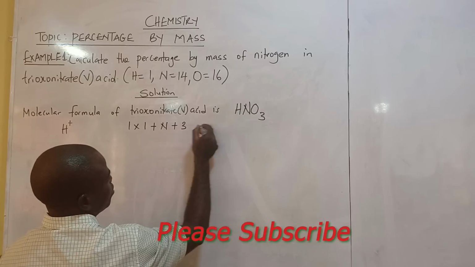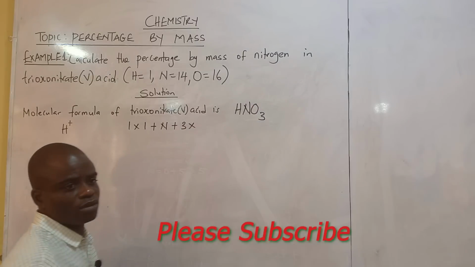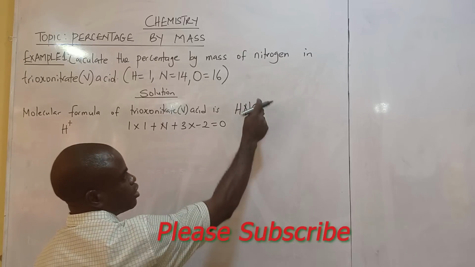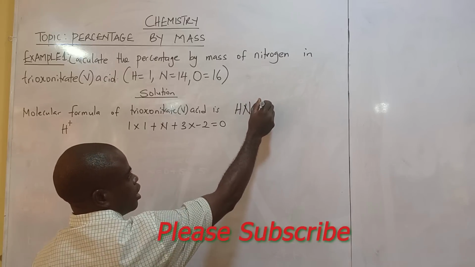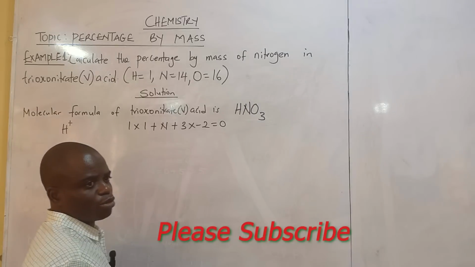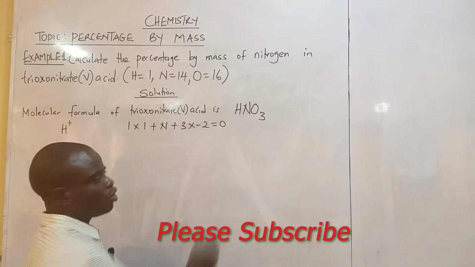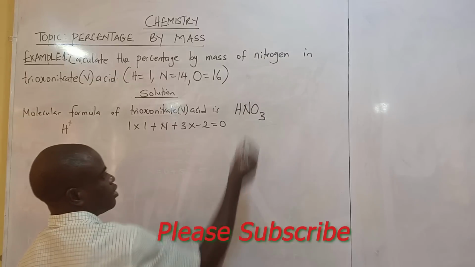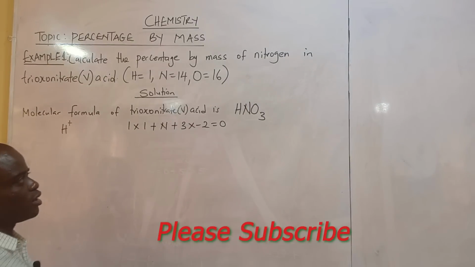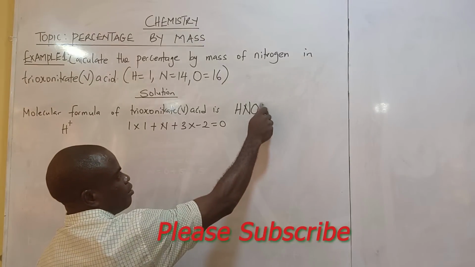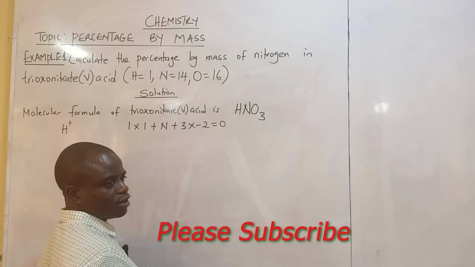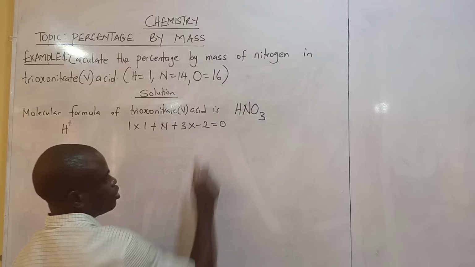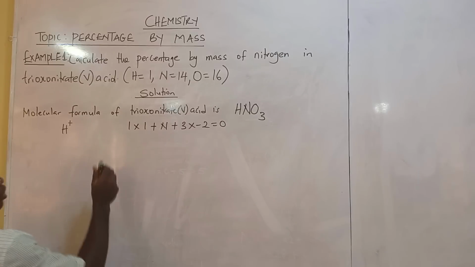Plus 3 times the anion on the oxygen, which is minus 2, equals 0. Whatever power you see at the top, you put it there. What you are seeing here is 0 at the power, that's why you put 0 there. You equate it to 0.